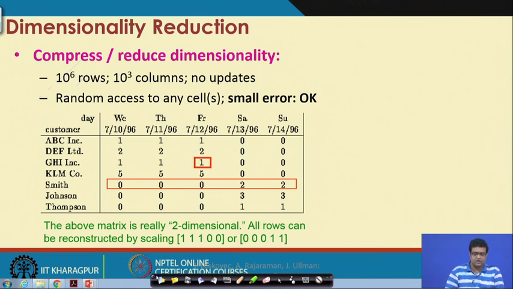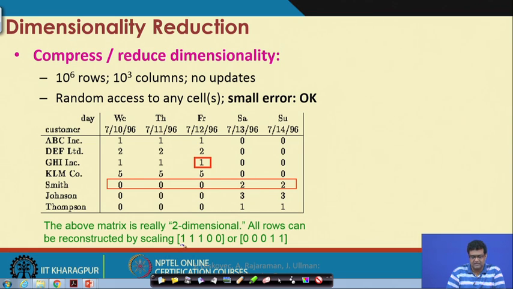Okay. So, here for example, let us say this is the number of times a customer has accessed a certain entity or certain database or something like that. You have this data for Wednesday, Thursday, Friday, Saturday and Sunday, etc. But what you can see is that essentially this data is coming from 2 different types.